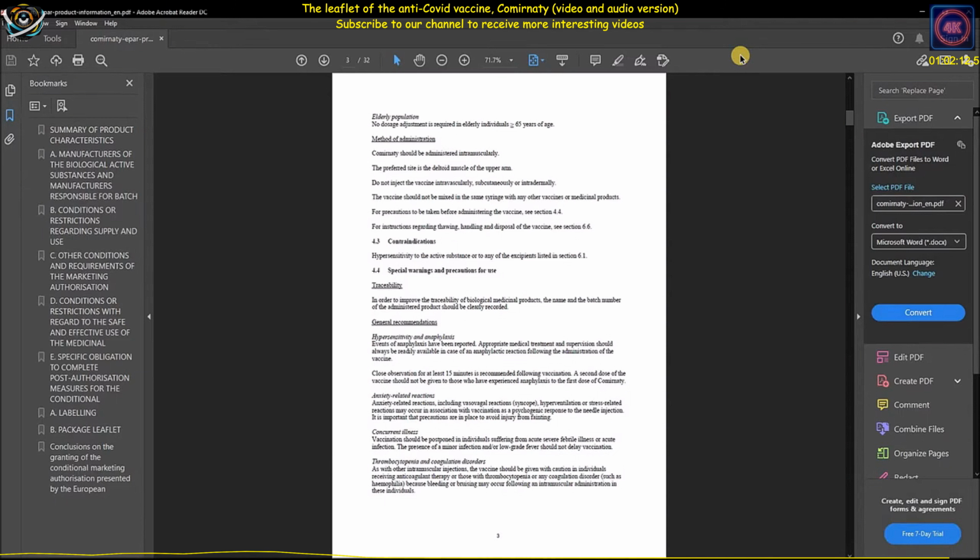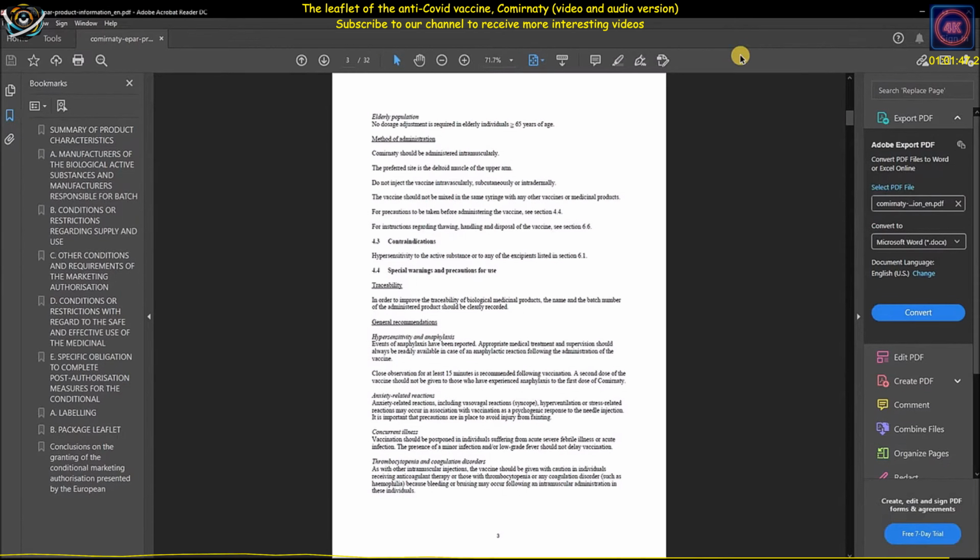4.3 Contraindications. Hypersensitivity to the active substance or to any of the excipients listed in Section 6.1. 4.4 Special warnings and precautions for use. Traceability. In order to improve the traceability of biological medicinal products, the name and the batch number of the administered product should be clearly recorded.